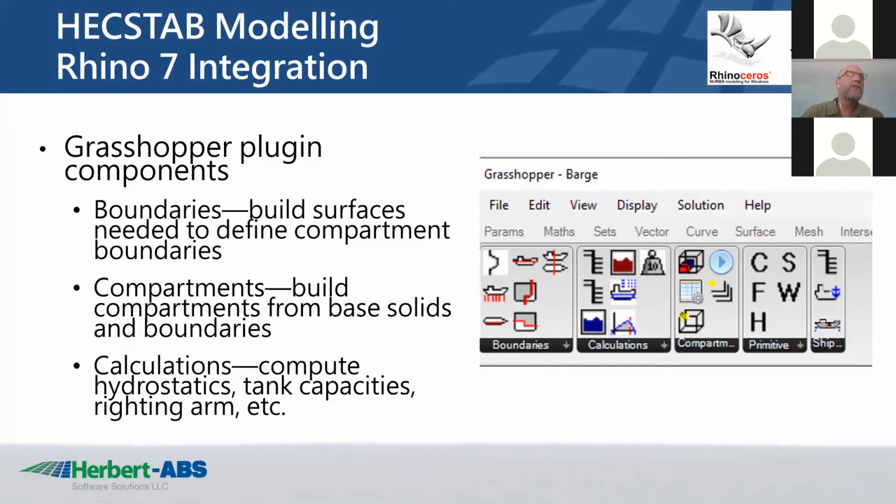And there's also a pile of components to do calculations. In this Grasshopper interface, we haven't really leveraged them heavily yet, but from a designer standpoint, you can do things like compute hydrostatics on the fly and tie those into parametric connections in the Grasshopper model. You can do hydrostatics, tank calcs, and things like that.